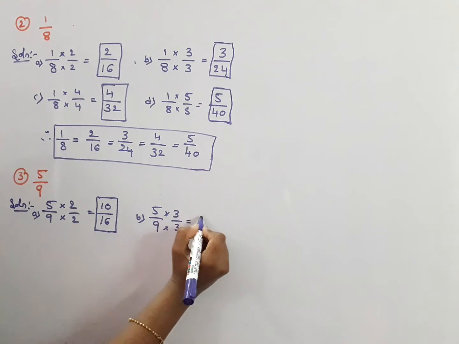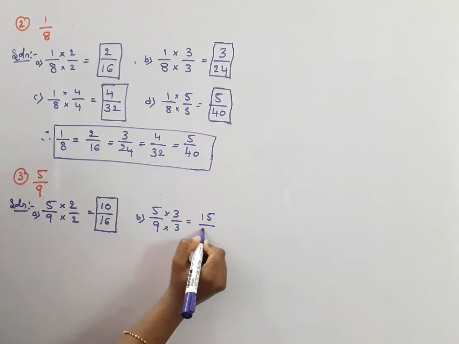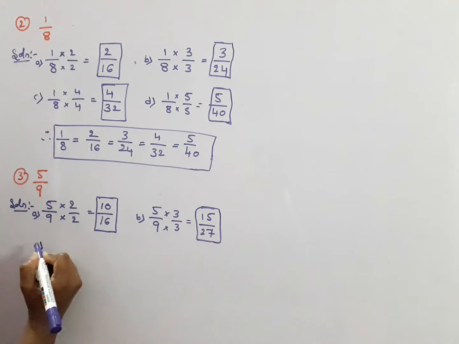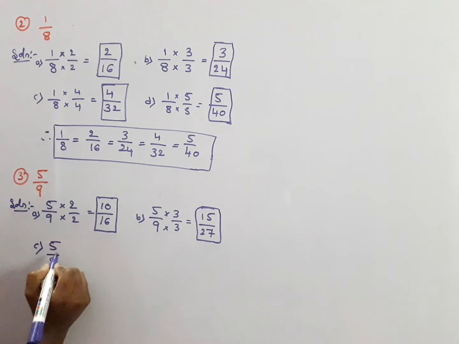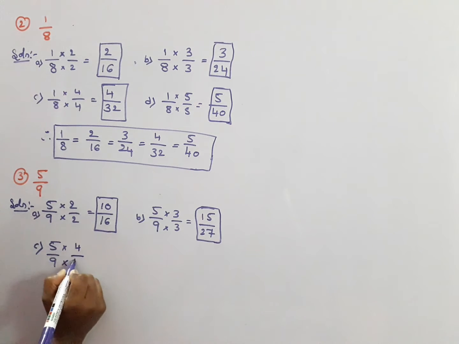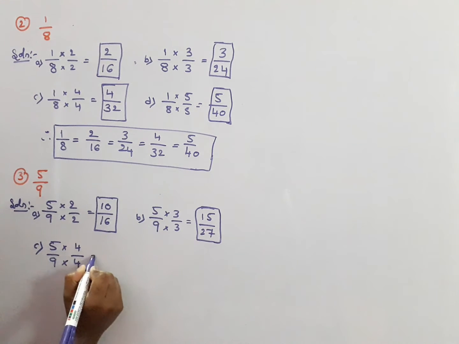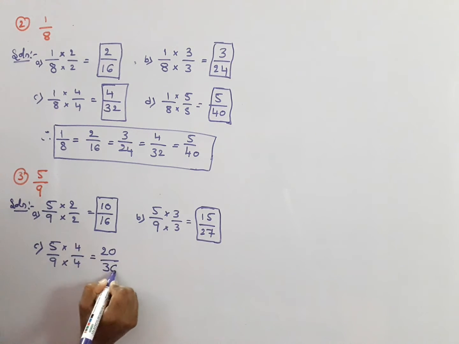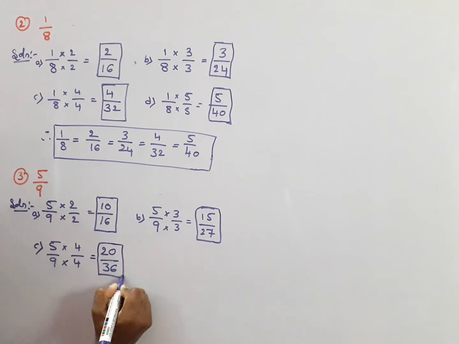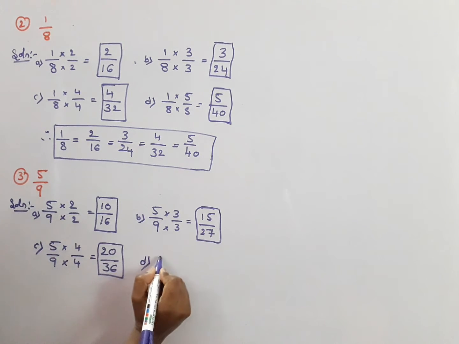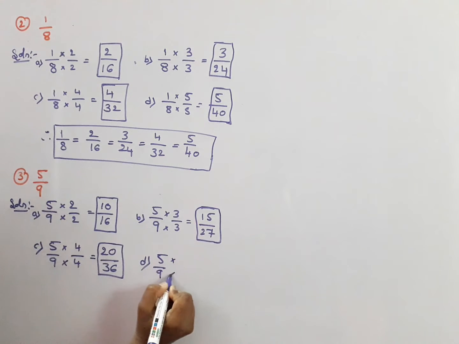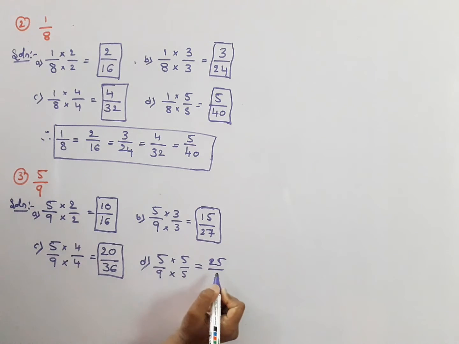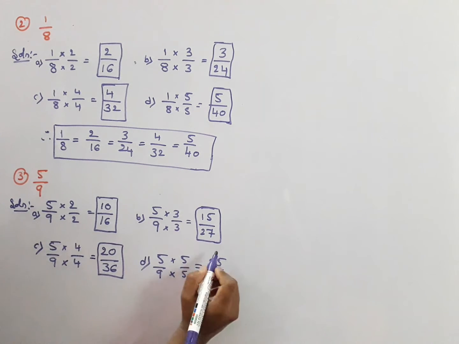So 5 3s are 15, 9 3s are 27. Then 5 by 9 multiplied by 4. 5 4s are 20, 9 4s are 36. Then 5 by 9 multiplied by 5. 5 5s are 25, 9 5s are 45.